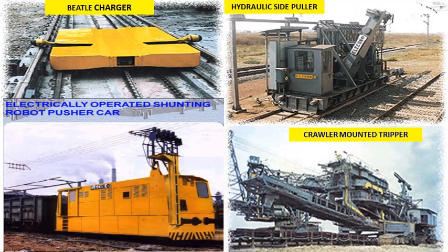These wagon triplers and whatever comes through the cars are dumped in a conveyor system, and this conveyor system takes the coal to the stacking yard.